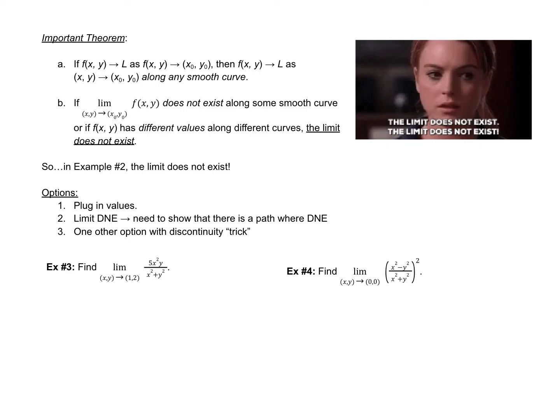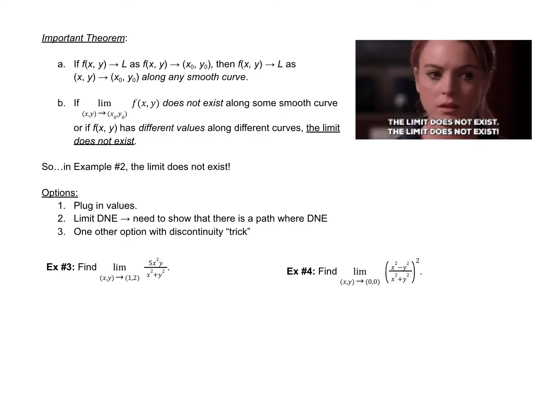On the other hand, if the limit does not exist along some smooth curve, or it has different values along different curves, then the limit does not exist. That's what we saw in example 2. We looked at 3 different curves and got 2 different values, hence the limit doesn't exist.